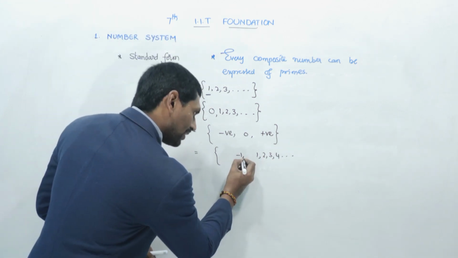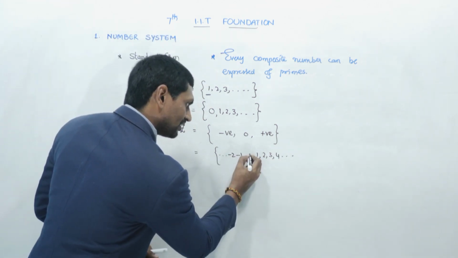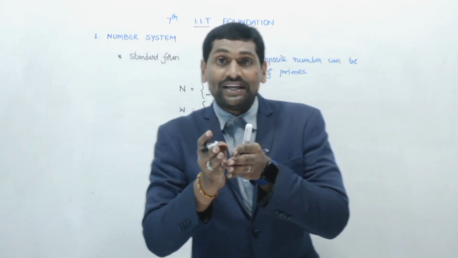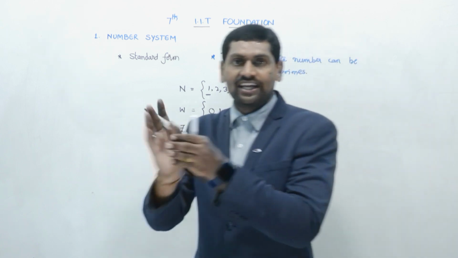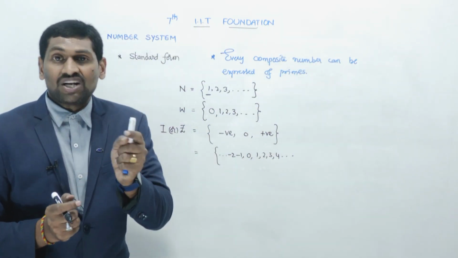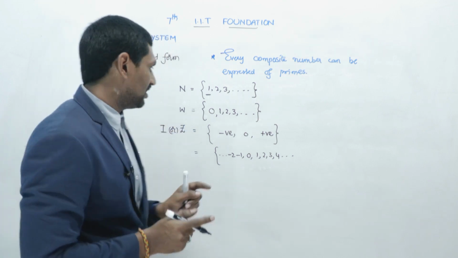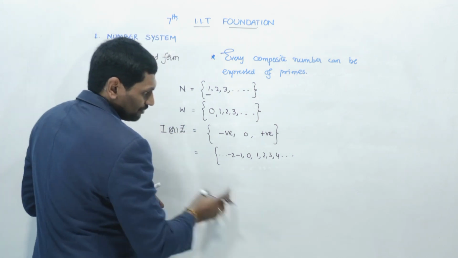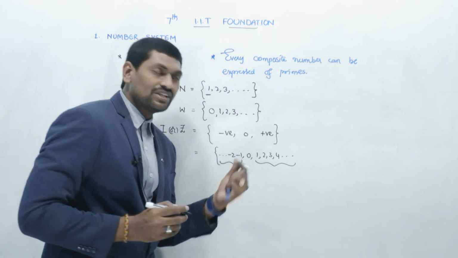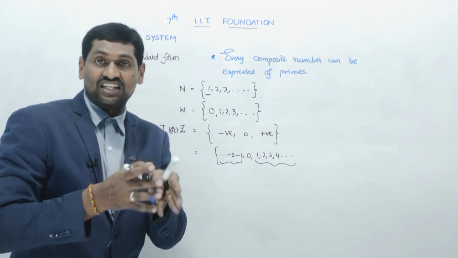All negative numbers are -1, -2 and so on, and 0. Here you should understand that 0 is neither positive nor negative. We cannot decide whether 0 is a positive number or a negative number. So the set of integers is all positive numbers and all negative numbers including 0.